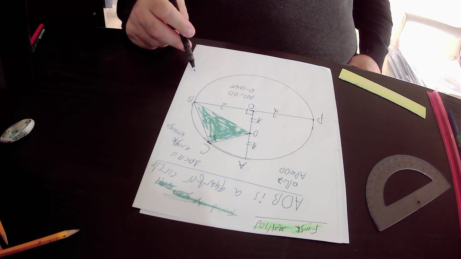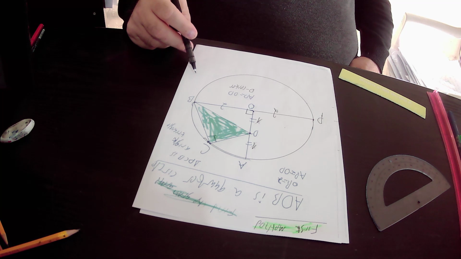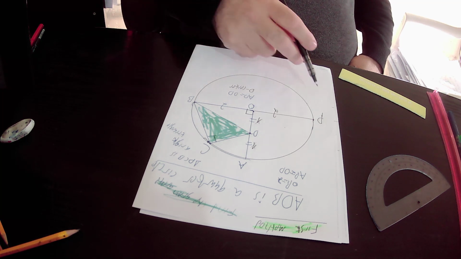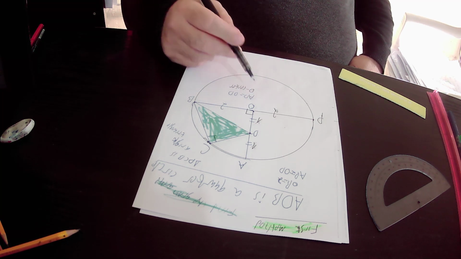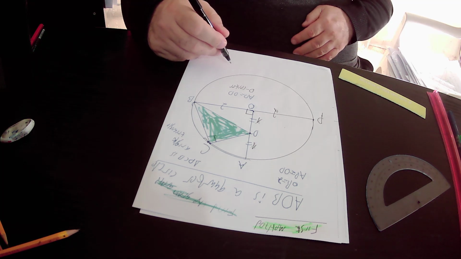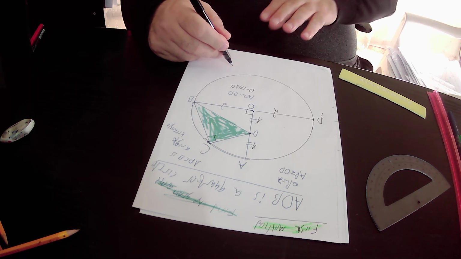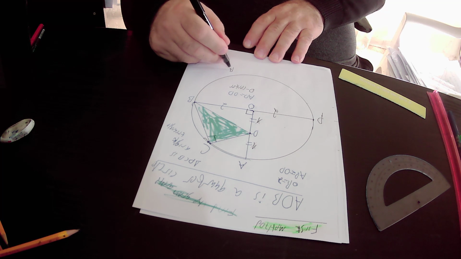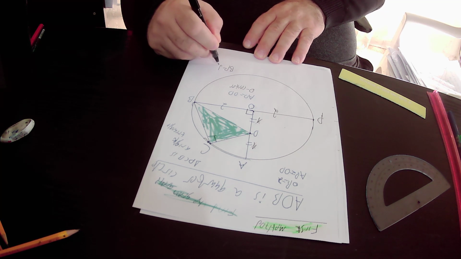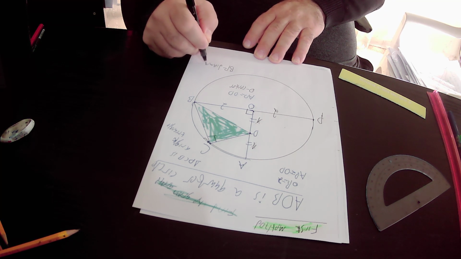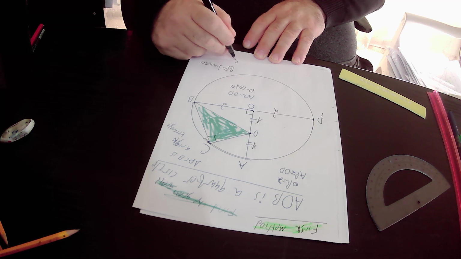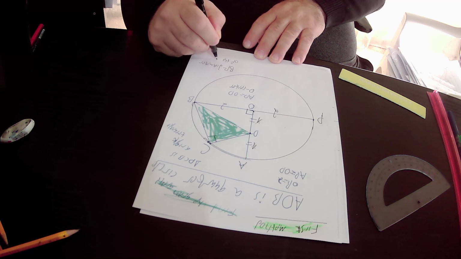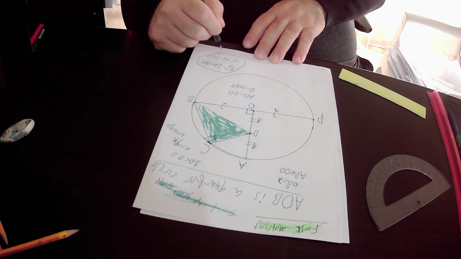And the straight line BP, you can define it also as chord BP, and we have chord BP that passes through the center of the circle, and any chord that passes through the center of the circle is defined as the diameter of the circle. So BP is the diameter of the circle.